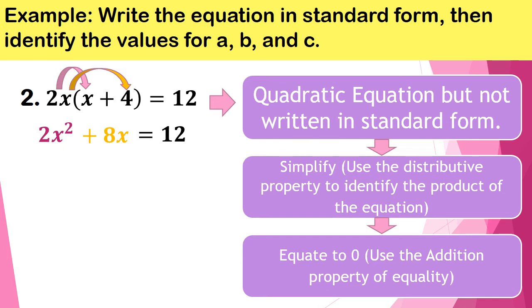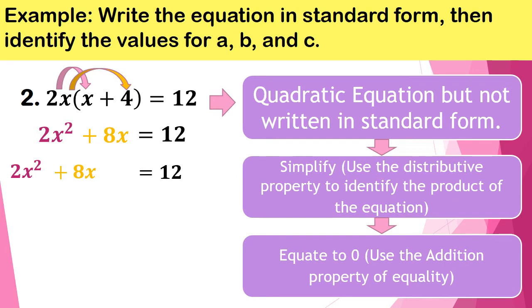So, to equate the given equation into 0, we need to use addition property of equality to transpose 12 to the left side of the given equation. So, kailangan nating ilipat si 12 sa kabilang side ni equation. So, how can we do that? By using addition property of equality. So, now, let's copy the given equation.